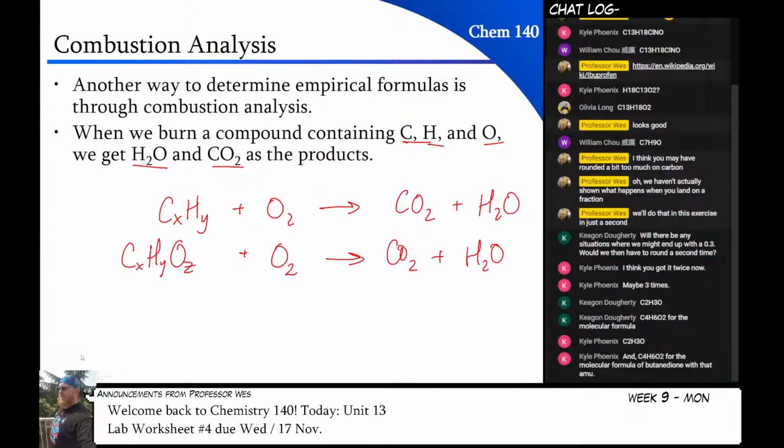Now, the atoms show up in very specific places. For example, all the carbon that was in the hydrocarbon has to be present as CO2. So if you know the mass of CO2, then you know the moles of CO2, and from that you know the number of moles of carbon that are in there.